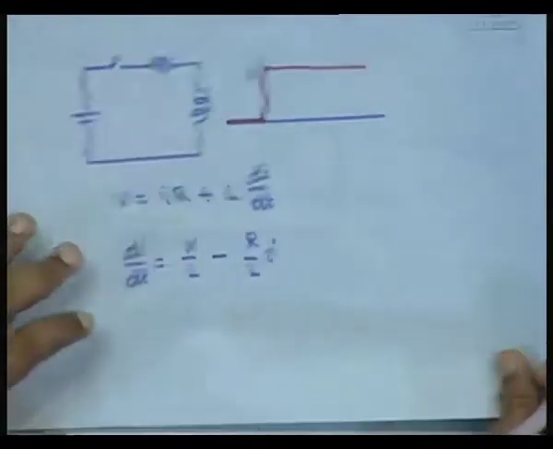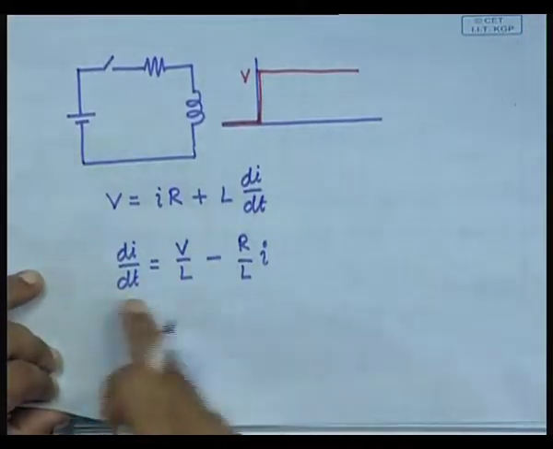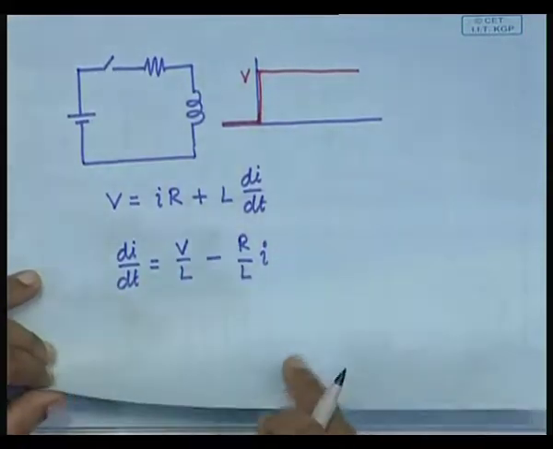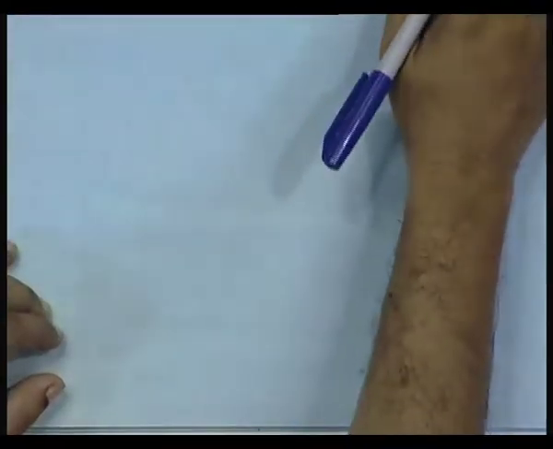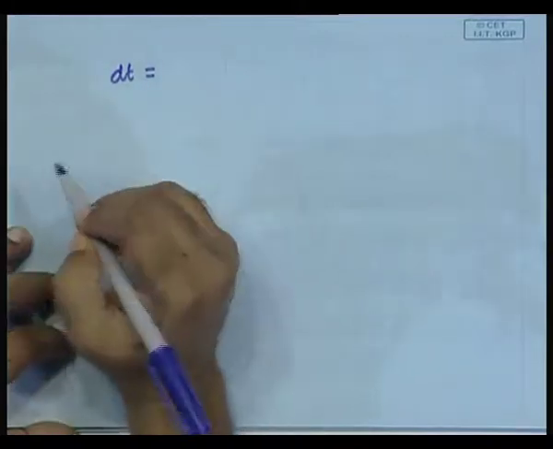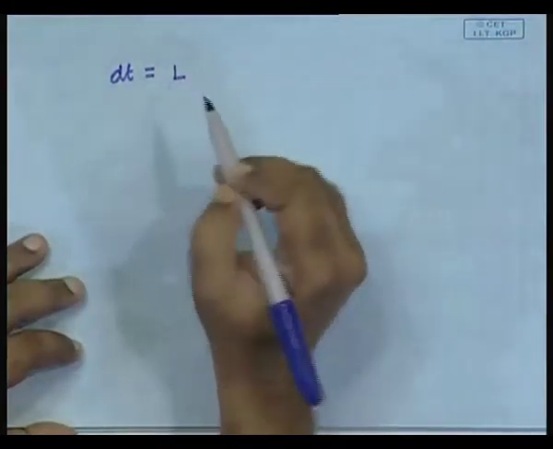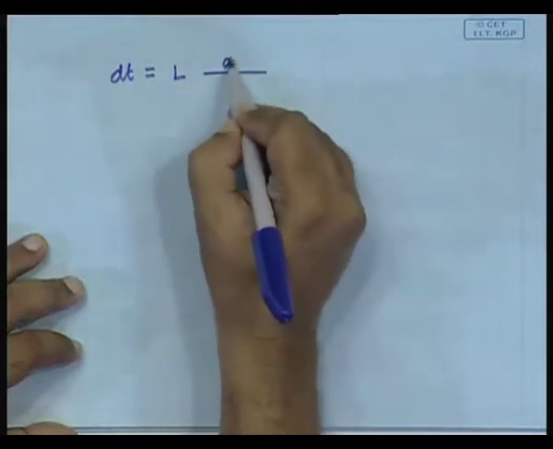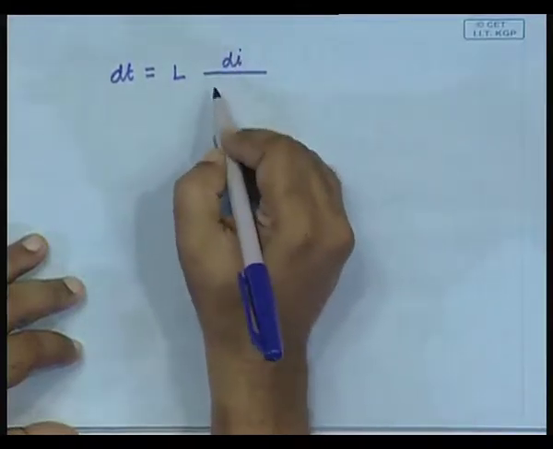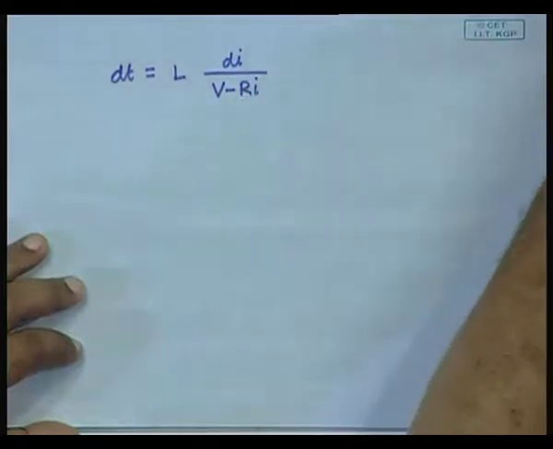The way you have learnt to solve it is by separating the variables. If you separate the variables, dt comes in one side and di comes to the other side. So, you will write dt is equal to L becomes common, L di by V minus R i, right.